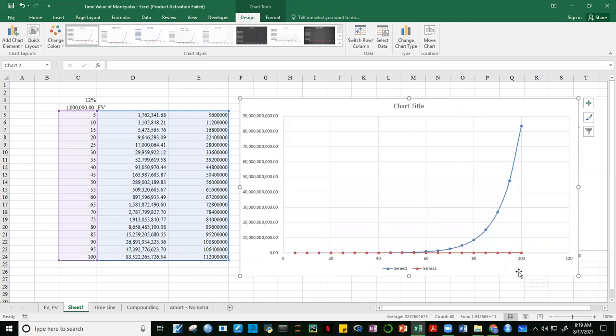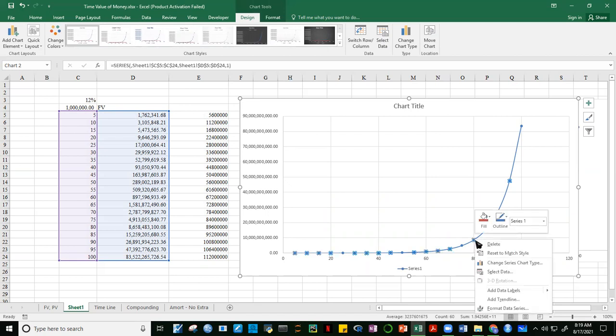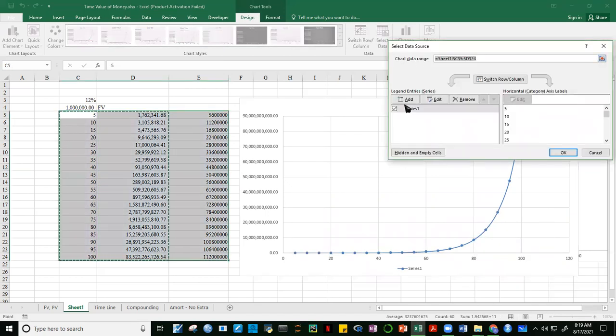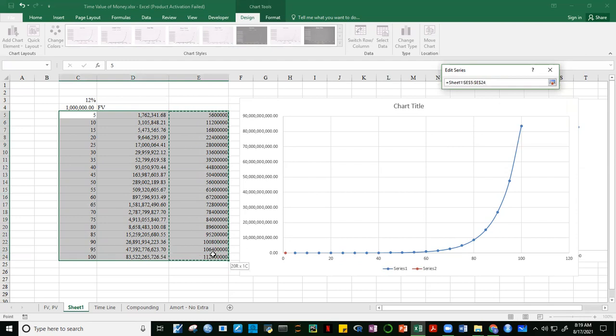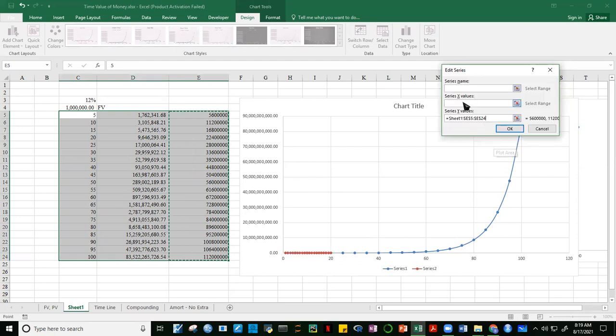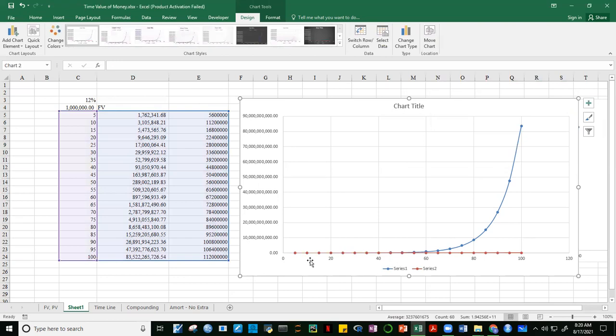So why am I getting that? Sorry guys, select data, mag-add tayo ng series. Okay.